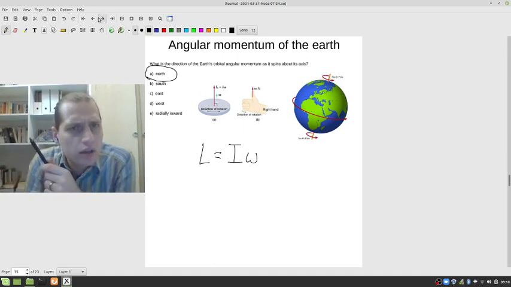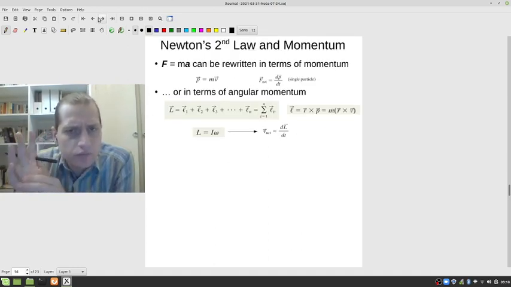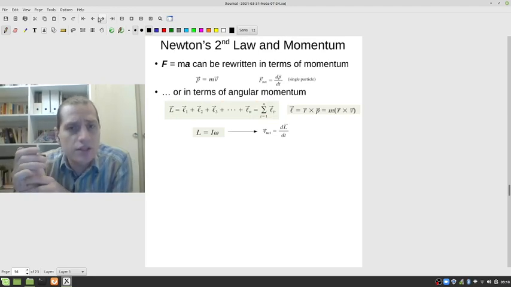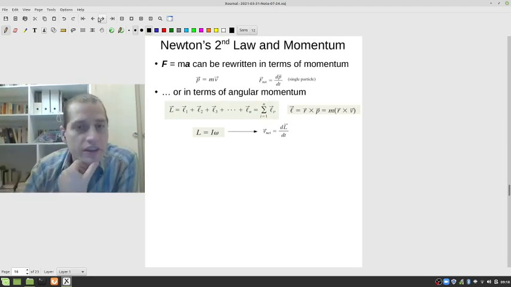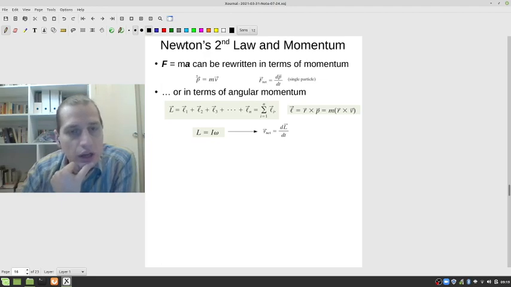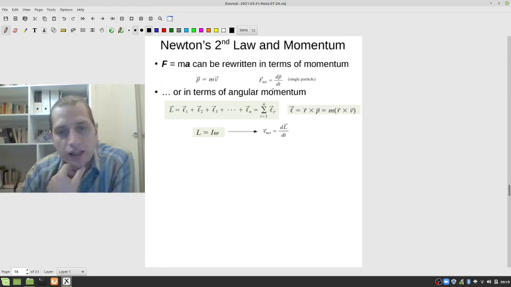So why is that useful? Well, for one thing, just the same way that we rewrote our F equals ma in terms of our linear momentum, where linear momentum was mass times velocity, Newton's second law could be written in this elegant way, where the net force is changing the momentum of the particle.